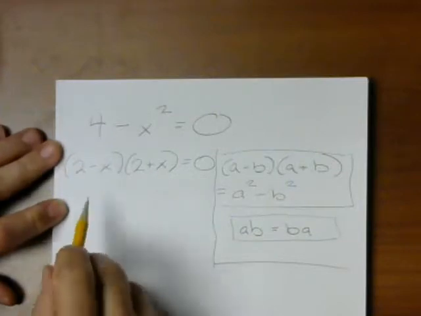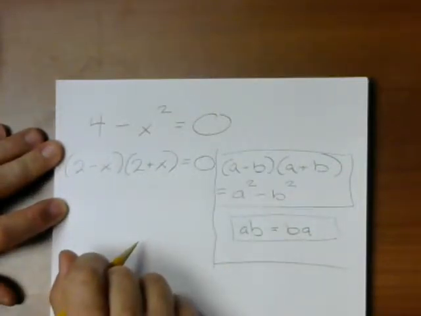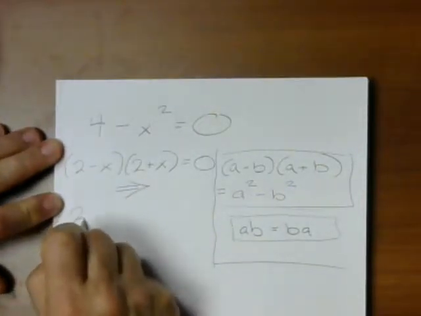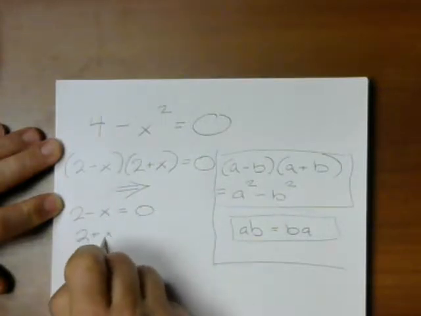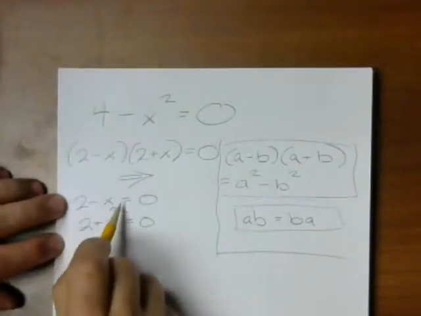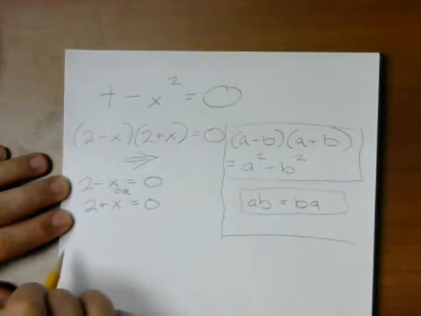Now, at this point, I now have a product equal to 0. And what do I know? I know if I have a product equal to 0, then one of the two must be 0. So we either have 2 minus x equals 0 or 2 plus x equals 0.